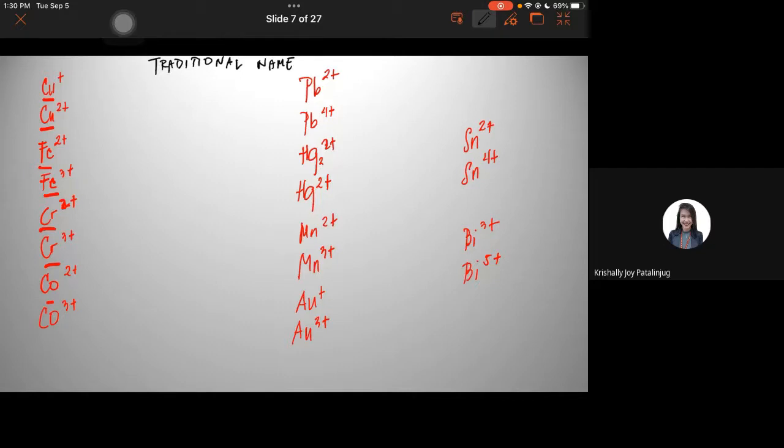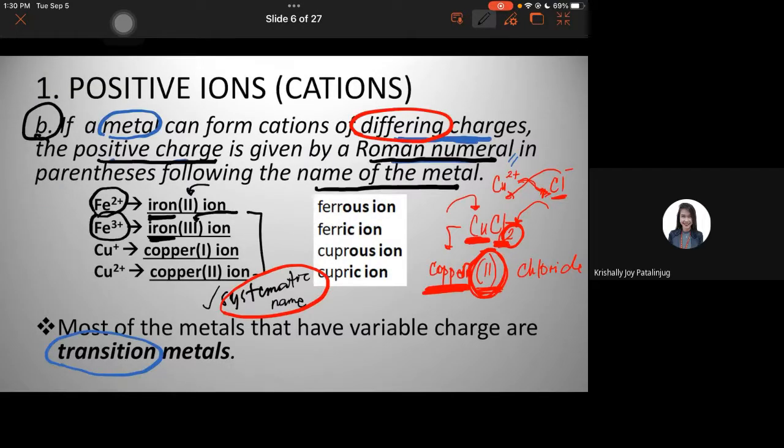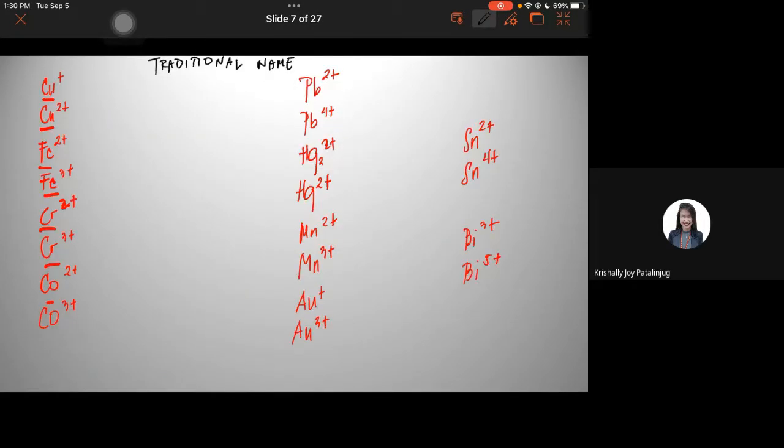This older method is more widely used compared to the systematic one. So I need you to be familiar with the traditional name of these ions as well. The traditional name makes use of the suffixes ik and us.